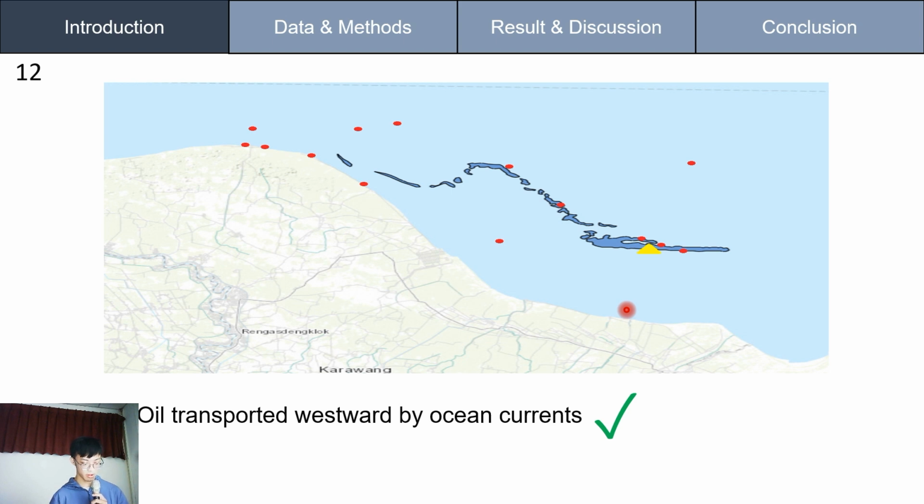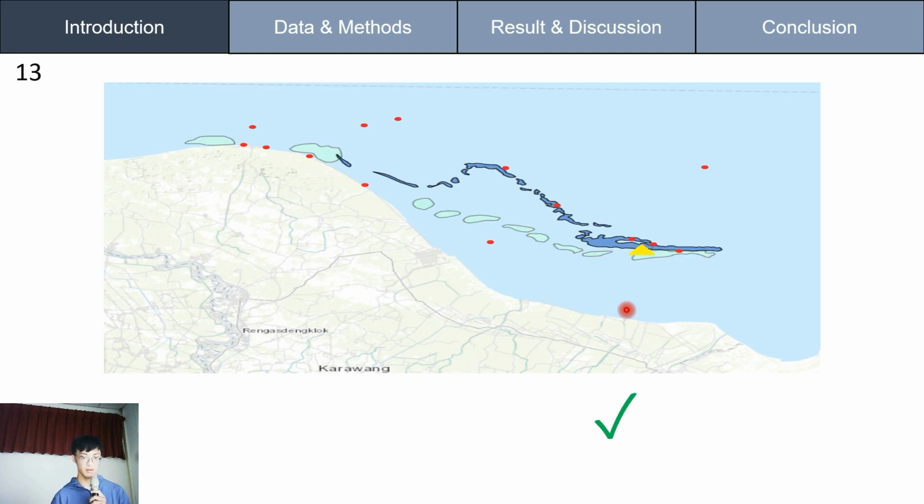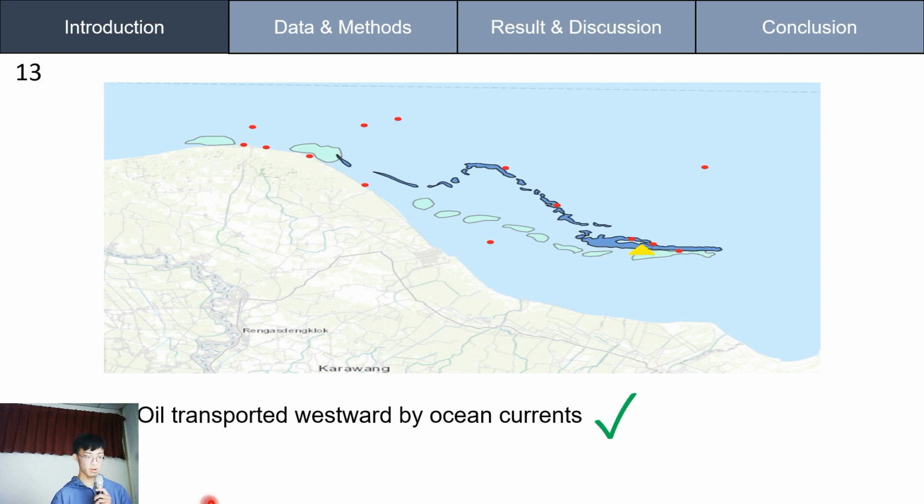In this case, ocean currents actually had a positive effect by dispersing and diluting the pollution. So oil was transported westward by ocean currents. It is right.